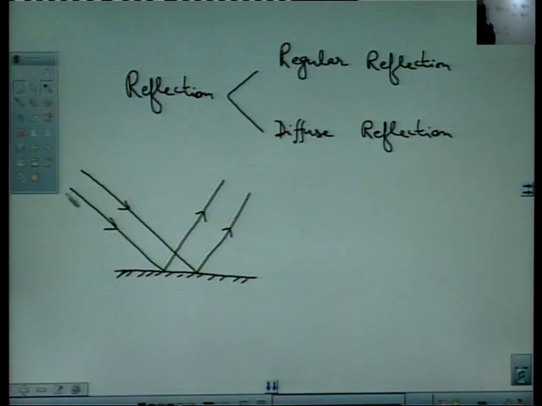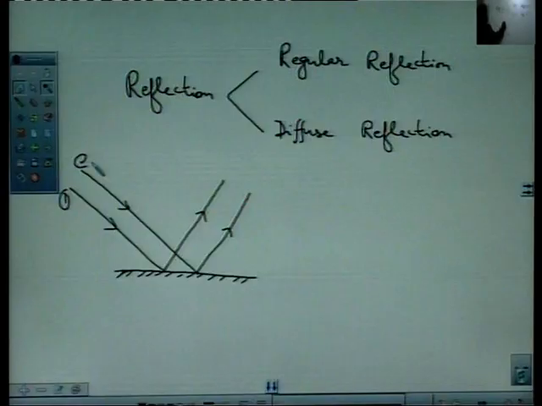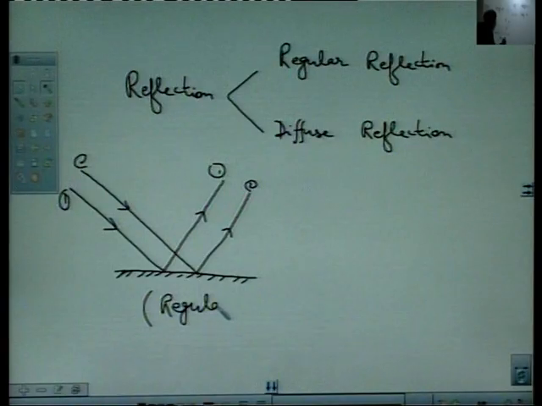All these like 1 and 2 rays, they are following the same direction. This is called regular reflection.